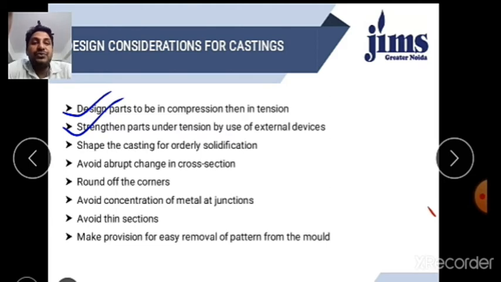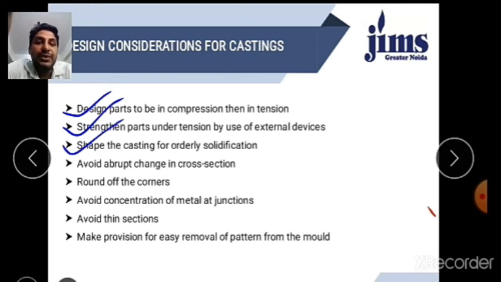So you have to make the casting design in such a way that it should have orderly or uniform solidification. That should be considered.